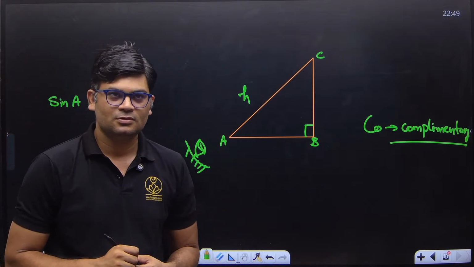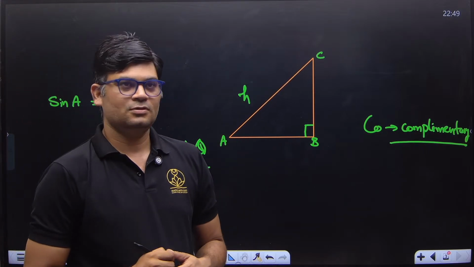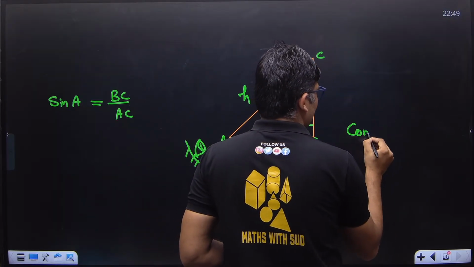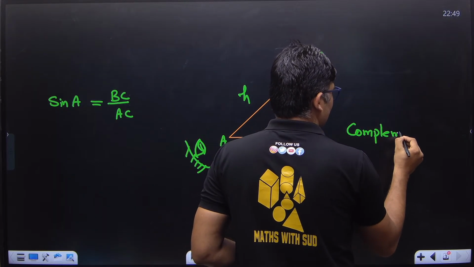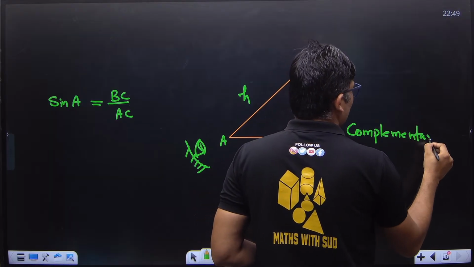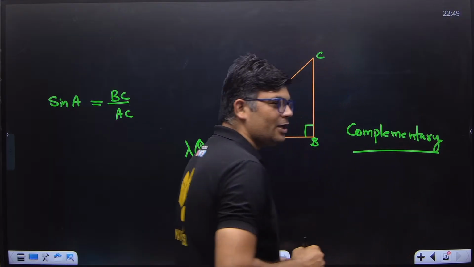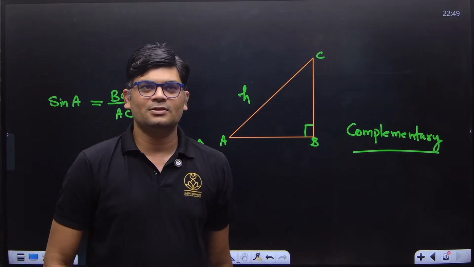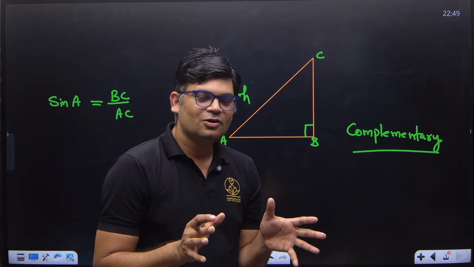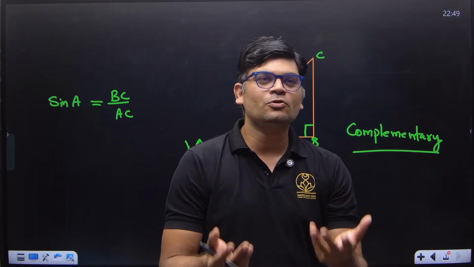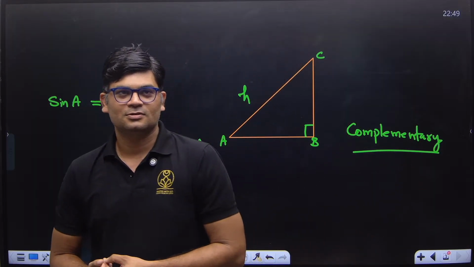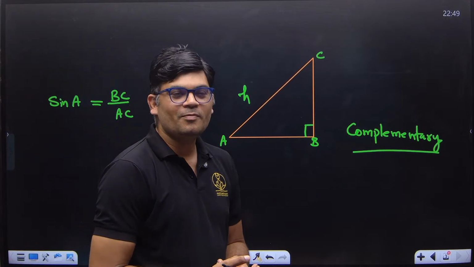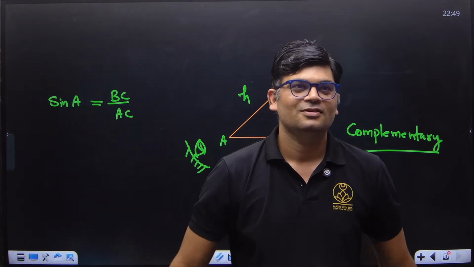No. Opposite to each other, they are known as vertically opposite. Complementary angles, this is the spelling. Do you have any knowledge about these complementary angles? If I ask you to define them? I do, but I don't remember now.